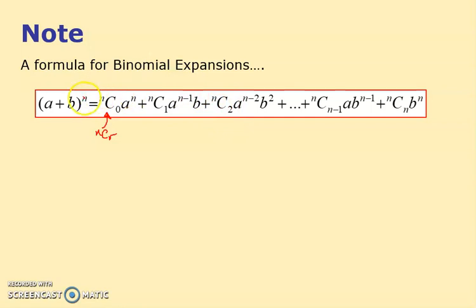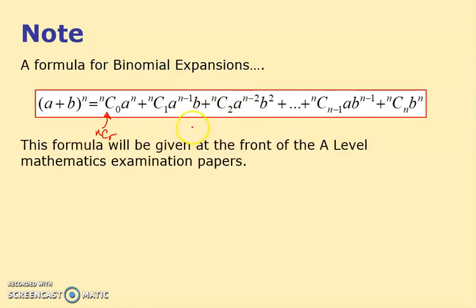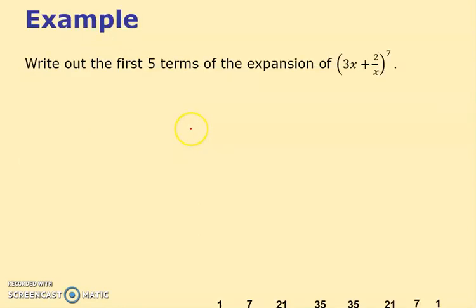So if n is 14, for instance, and you don't want to draw down to the 14th row of Pascal's triangle, you can just type in 14C2, for instance, and it would tell you what this value is. This formula is given in the exam paper, so you don't need to learn it as such, but it's useful if you know it.